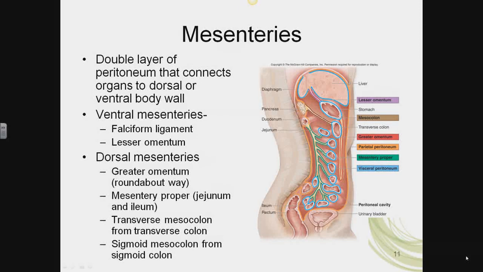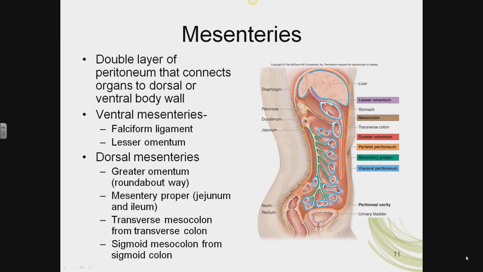There are also long extensions of the peritoneal membranes, and they can even fold over on each other, forming a double layer of peritoneum. These are mesenteries. Mesenteries, again, are folds of peritoneum, and they support and stabilize the intraperitoneal GI tract organs. They also attach them to either the dorsal or ventral body wall.